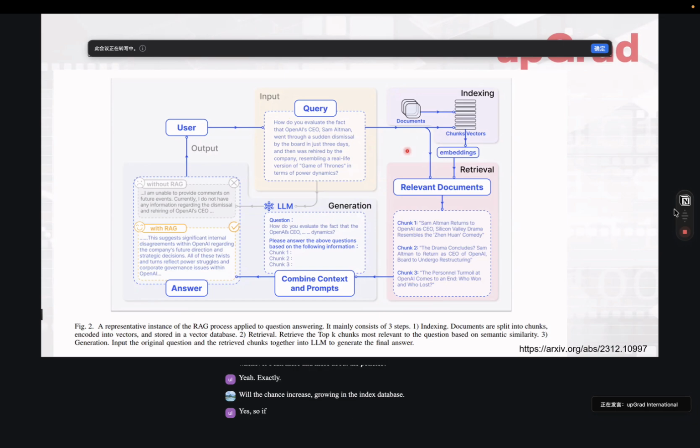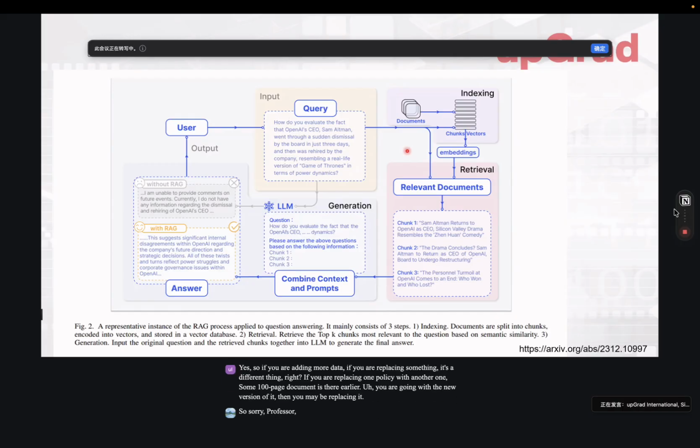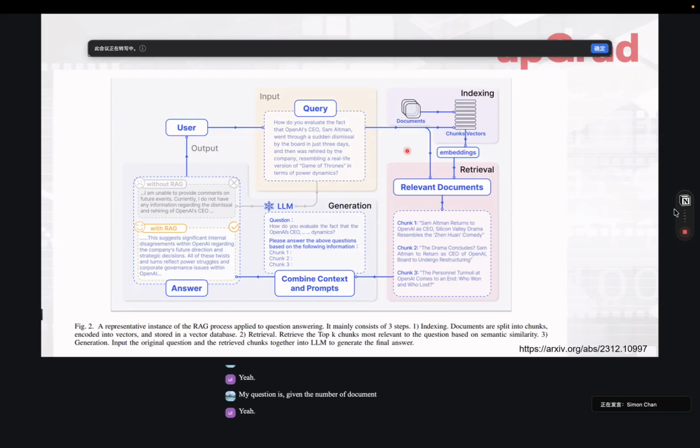If you are adding more data, or replacing something like a 100-page document with a new version, that's a different thing. But the input is only the prompts, the 10 questions I ask. Will the chunks increase?